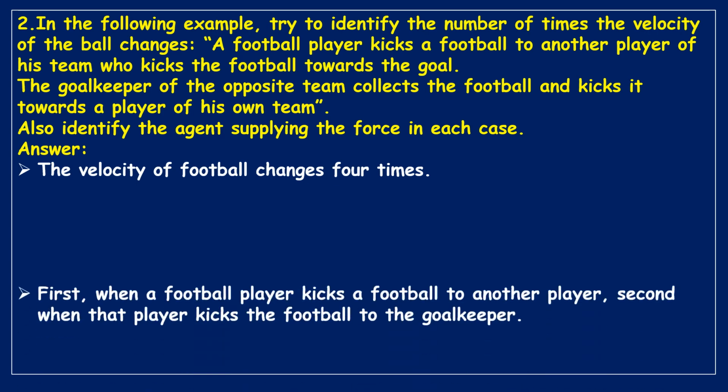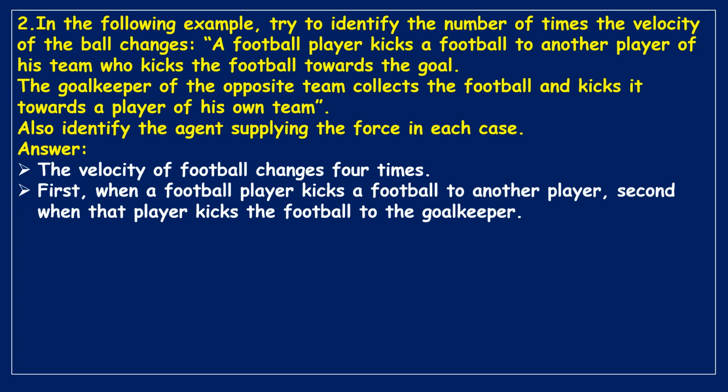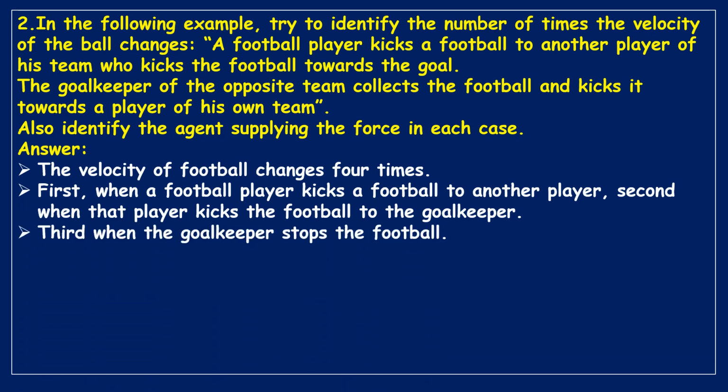Four times. First, when a football player kicks a football to another player. Second, when the player kicks the football to the goalkeeper. Two situations we have seen here. Next, third, when the goalkeeper stops the football. Yes, the goalkeeper stops the football here.